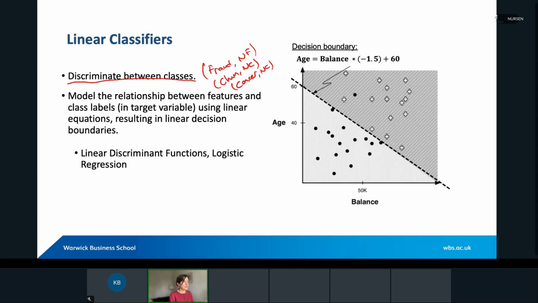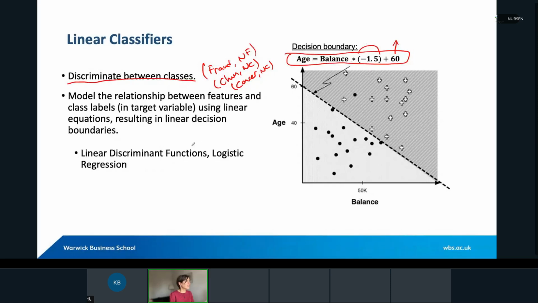So here you see the equation for the decision boundary. This is a linear equation, and the model during training learns these parameters. So it learns this 60 and it learns the coefficient of this, 1, minus 0.5.